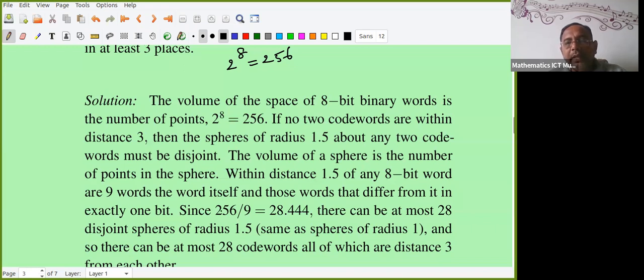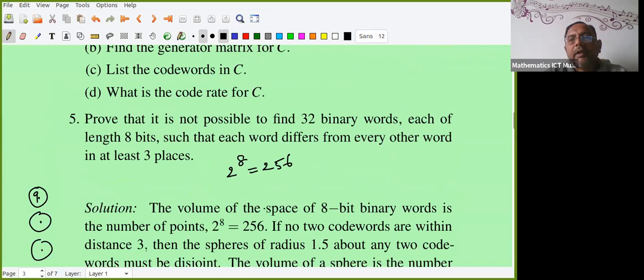But 256 by 9 is how much? See how many circles I need. This circle contains 9, another circle contains 9, this is another code word, another code word, and so on. So how many circles are possible? 28 only. But what is the question asked? 32 binary words. So that is not possible.